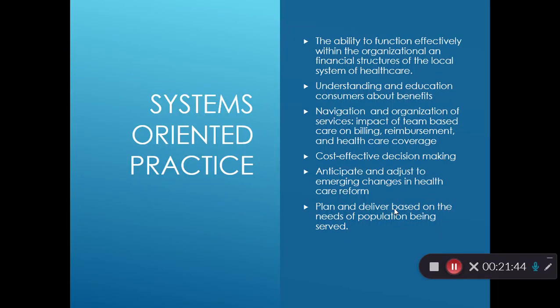And so how do we make sure that people are educated, that we make cost-effective decisions, that we are changing with the system that we're connected with? There's going to be changes in politics, changes in rules, federal payer sources that we have to conform to in order to get payer sources to pay for the services we're providing.